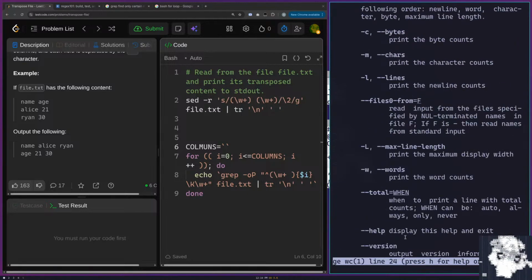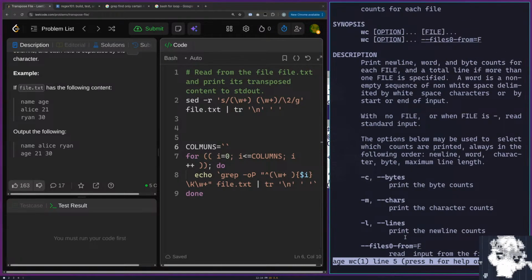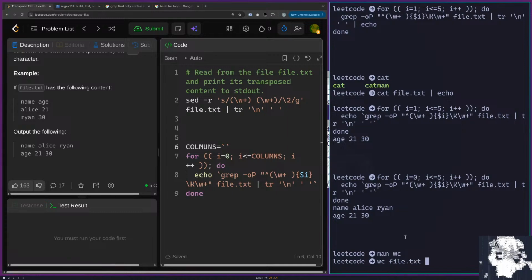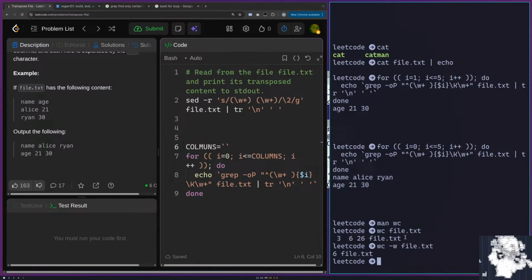Can I tell it to do it from just one line? Word count file.txt, and I want -w to give me the words. It does have 6 words, but now I only want the first line.